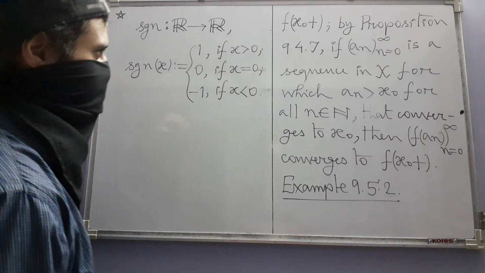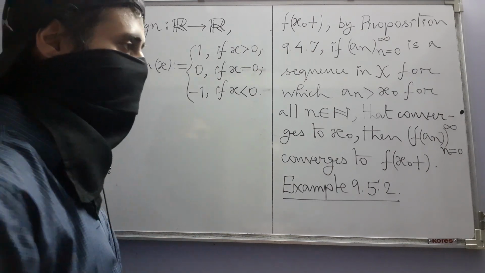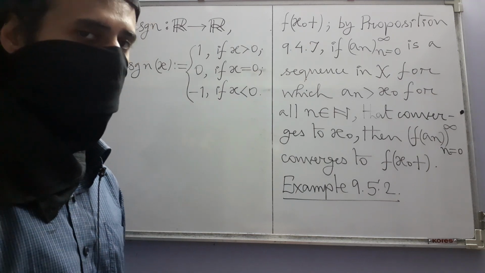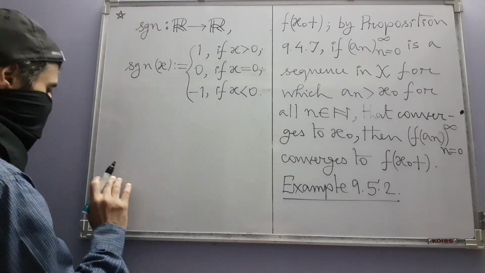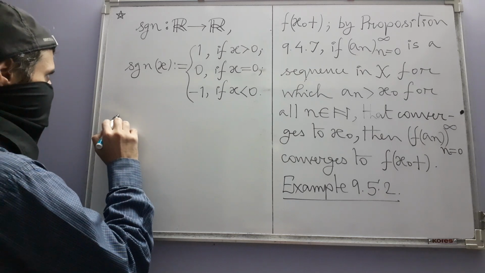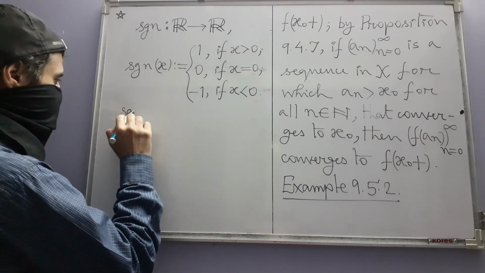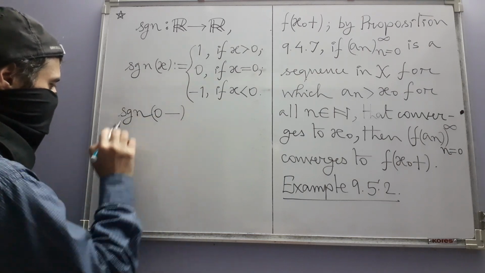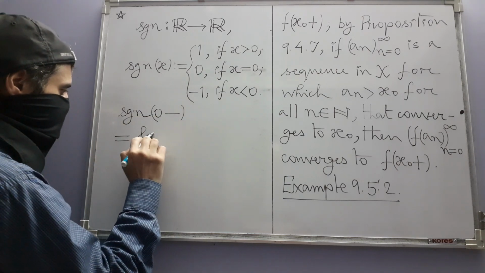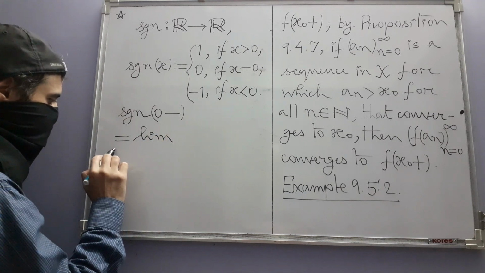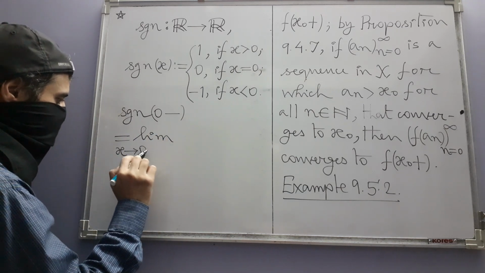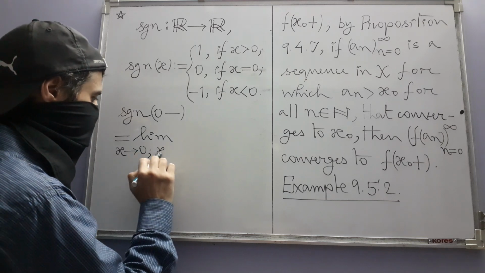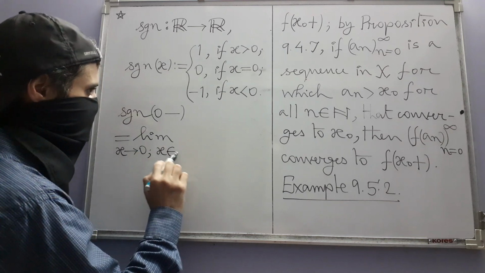Now say we want to calculate the left limit of this function at 0 if it exists. Let's see, that is, we want this. Then by the definition we would have to calculate this limit. What is the X here?